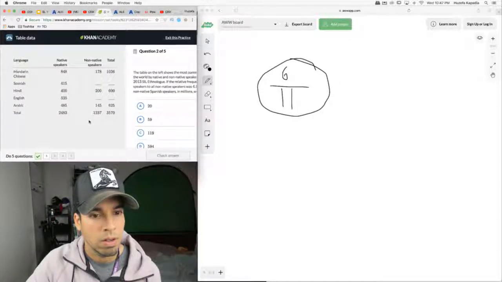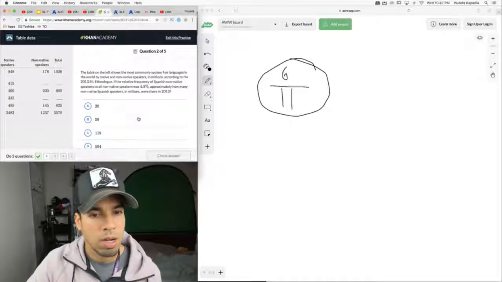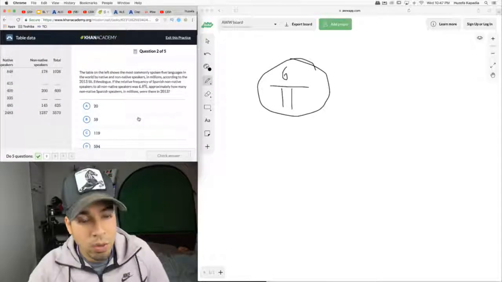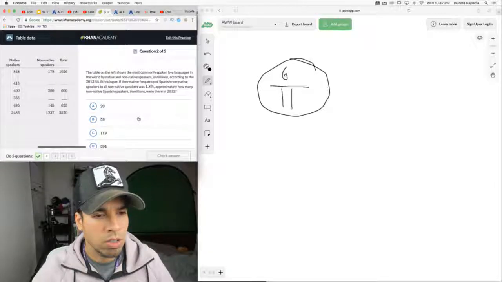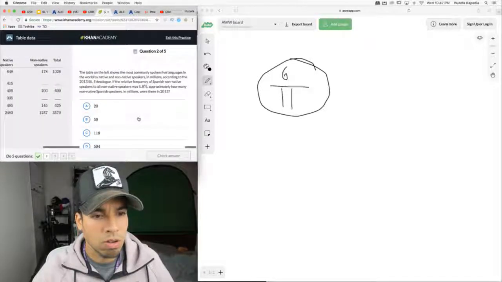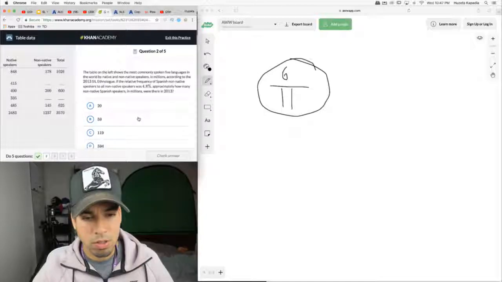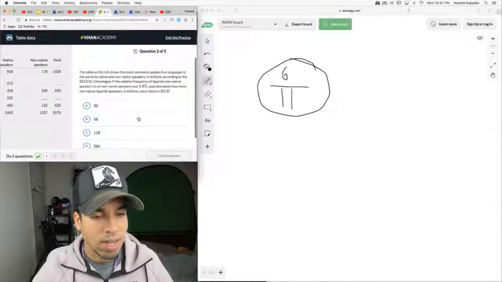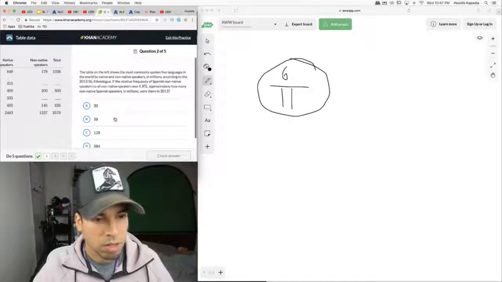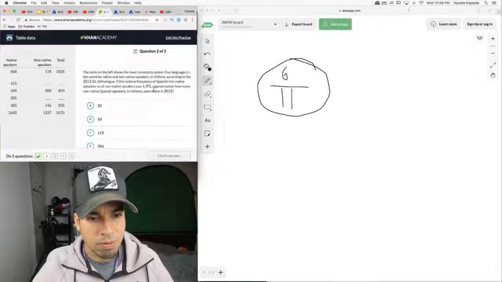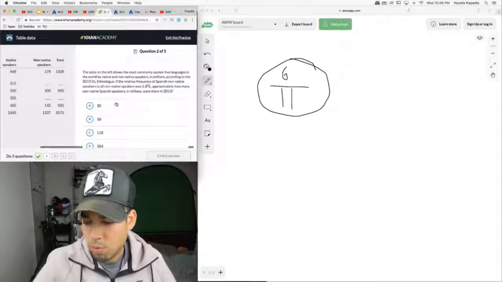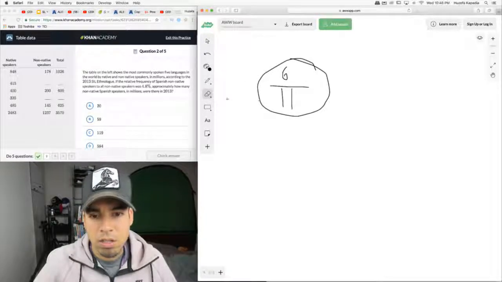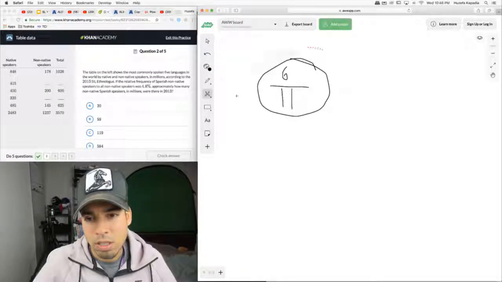Next question. The table on the left shows the most commonly spoken 5 languages in the world by native and non-native speakers in millions, according to the 2013 SIL Ethnologue. If the relative frequency of Spanish non-native speakers to all non-native speakers was 4.8%, approximately how many non-native Spanish speakers in millions were there in 2013? So let's start setting this up in a proportion. I think that's where we're going with this.